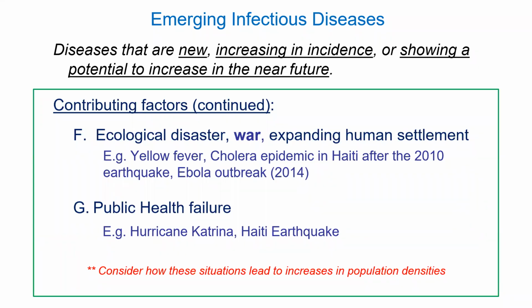Haiti had not had a cholera outbreak in something like 75 years, and then they had that earthquake right at the time when someone decided to bring cholera to Haiti, and there was a massive outbreak. I think it was something like 200,000 people who were sick over that, and a big deal. War, right? I can only imagine what's going on right now in Ukraine with people not having access to medicine and all sorts of other public health services and things like that.